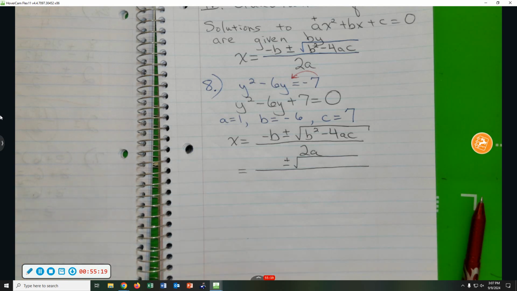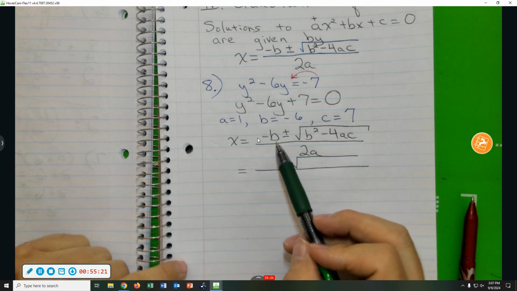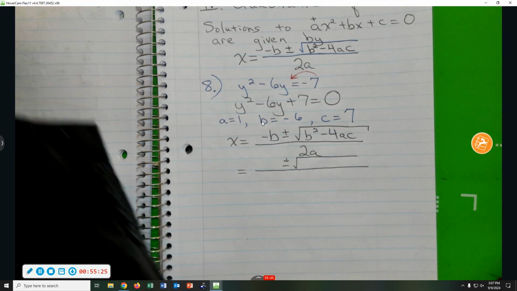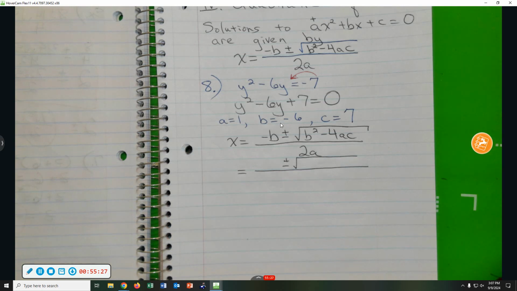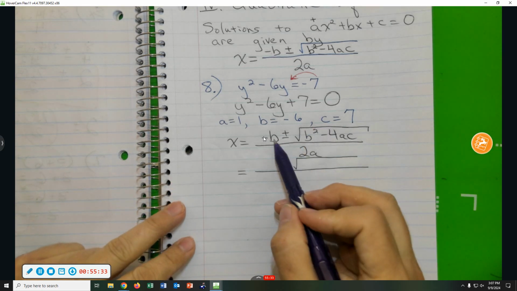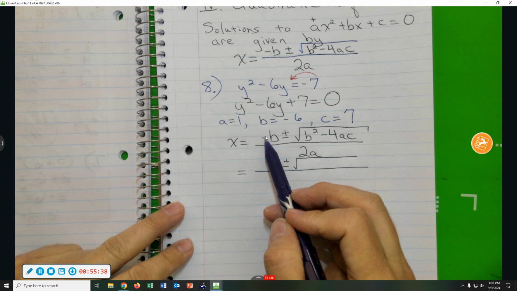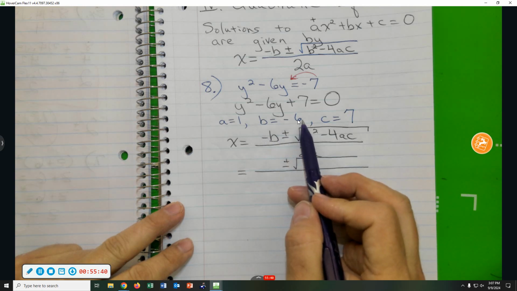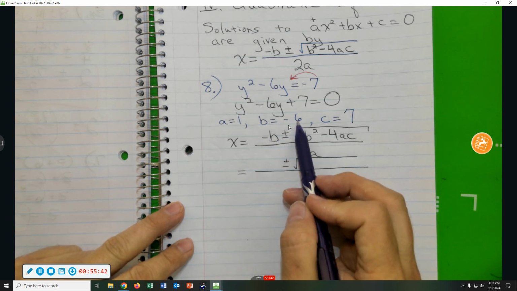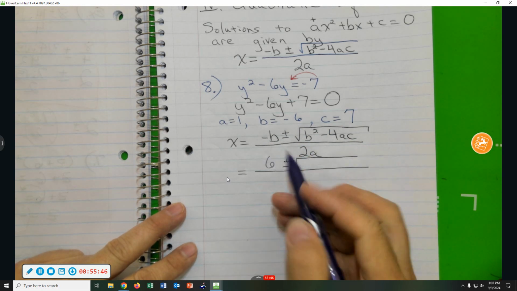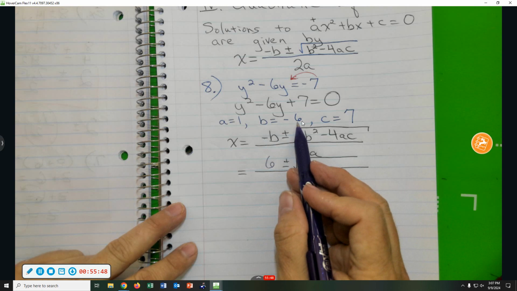Negative b is saying change the sign on b. What's the negative of negative 6, or the opposite of negative 6? What am I going to write here? Just a positive 6. That's saying change the sign on b.